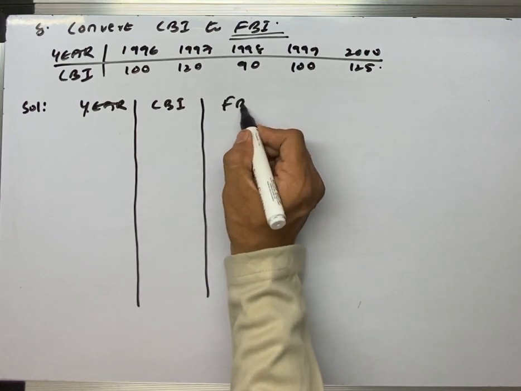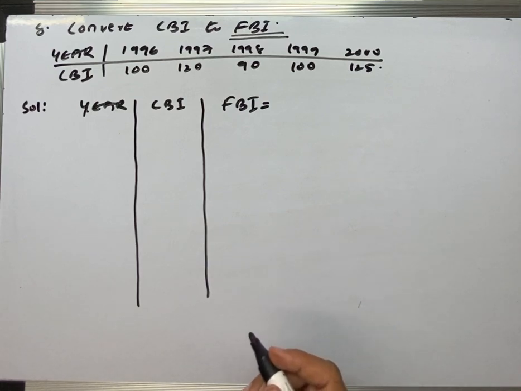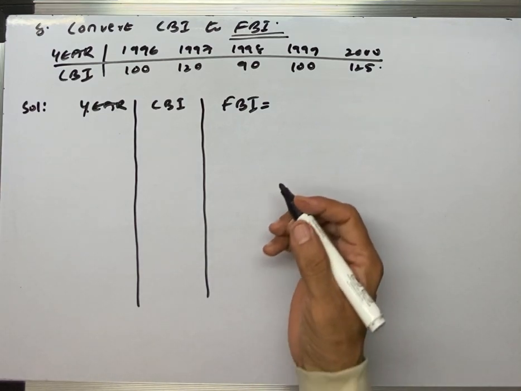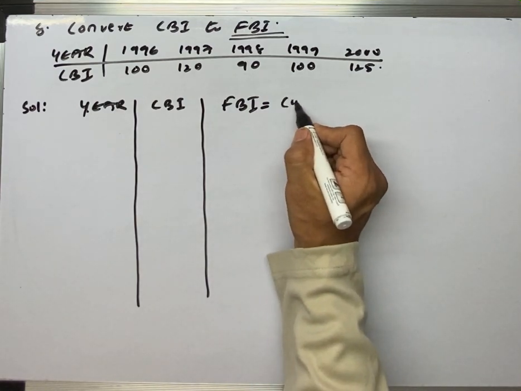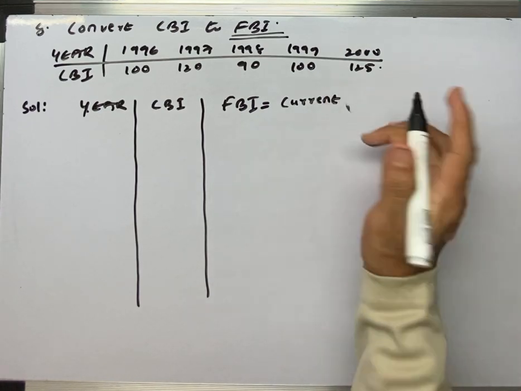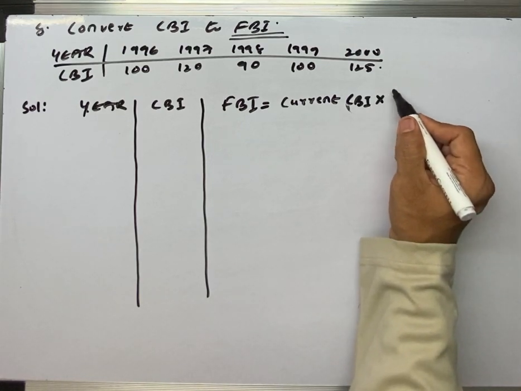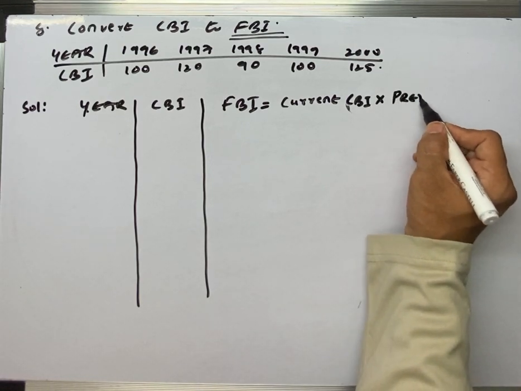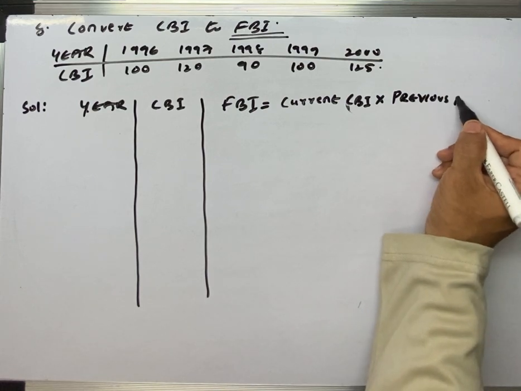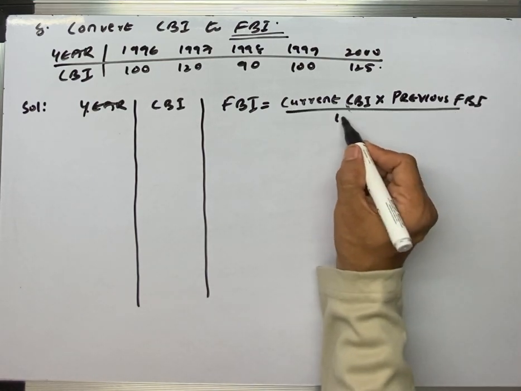So the fixed base index formula you can write: fixed base index equals current chain into previous FBI divided by 100.